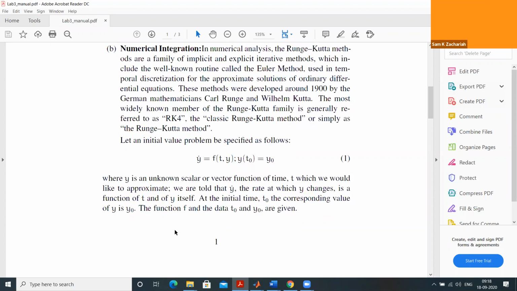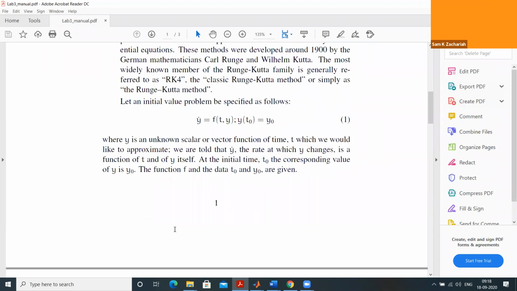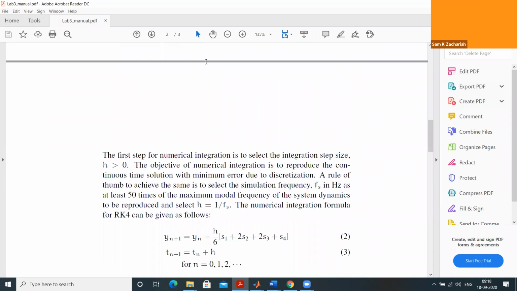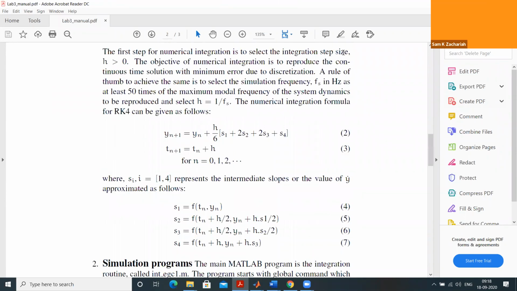Okay, now we will see how we can do it in a numerical way. The first step for numerical integration is to select the integration step size. Truly, it is a continuous time process. But in the computer, we are using a digital computer with digital computing software to do it.